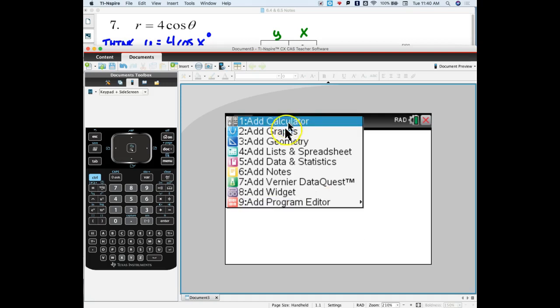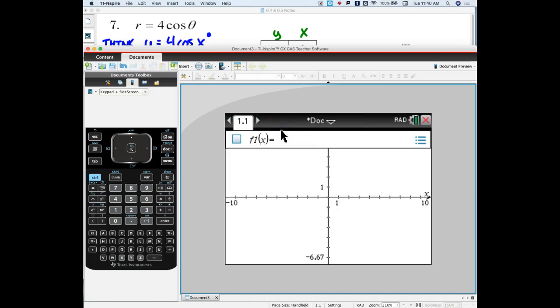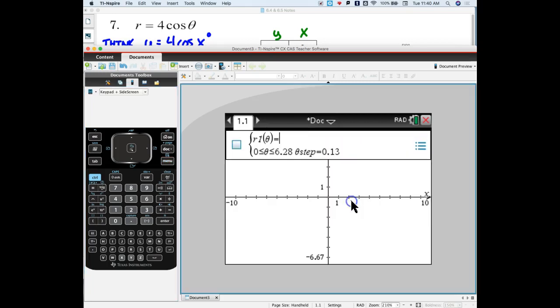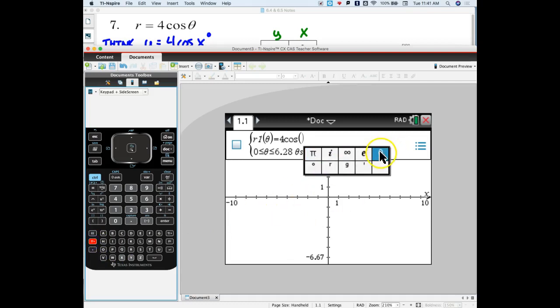So we're going to go to adding a graph, menu, graph entry edit is going to become polar. Cosine of theta is going to be the equation. Theta needs to be in a set of parentheses.